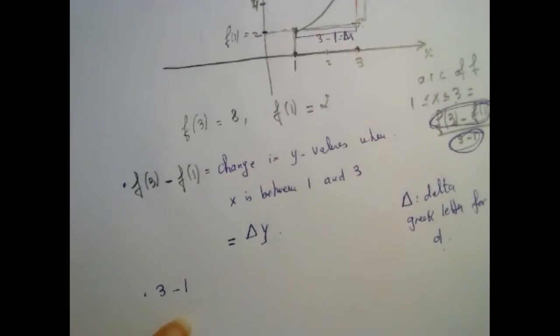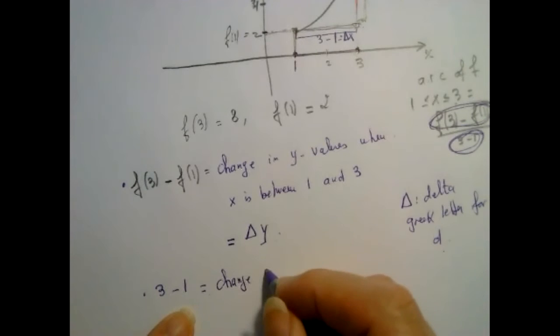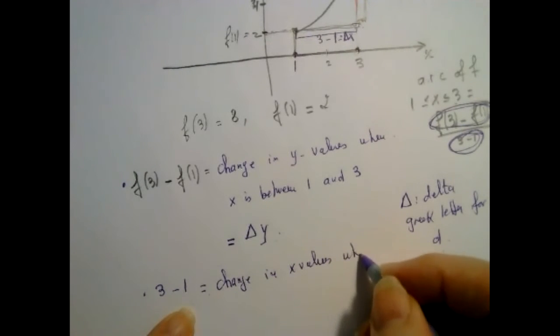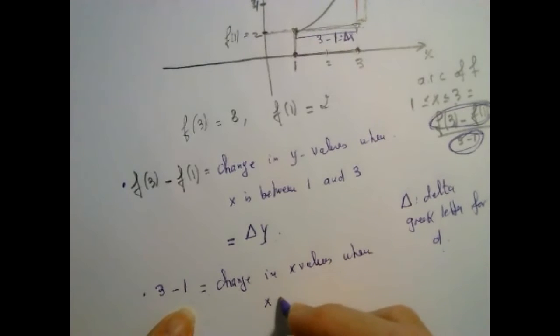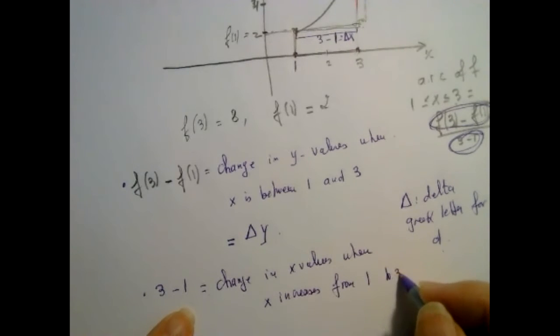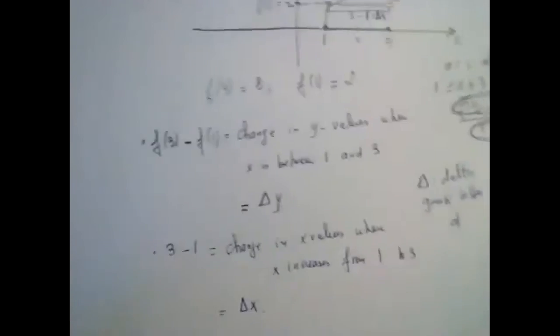So 3 minus 1, the denominator, is the change in the x value when x increases from 1 to 3. And we denote this by delta x.